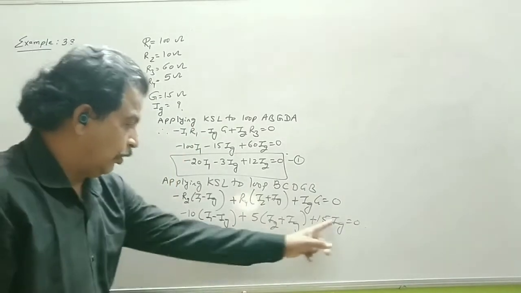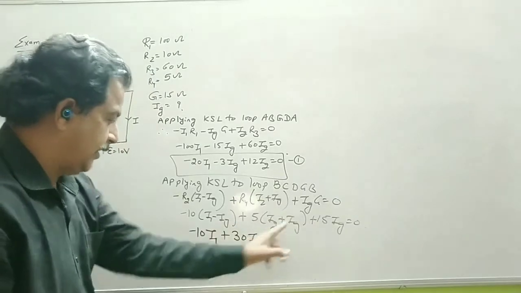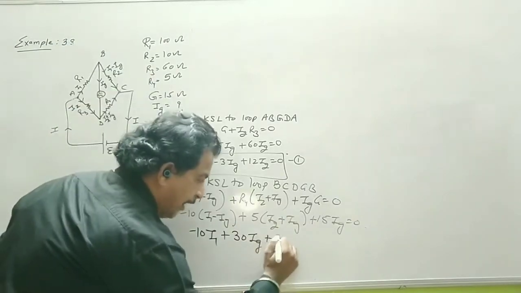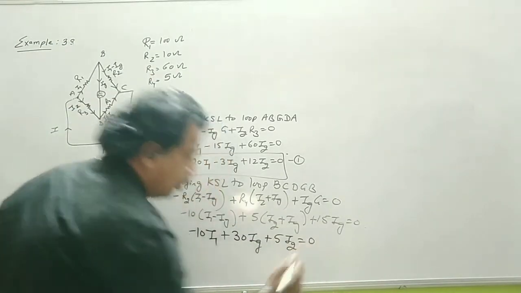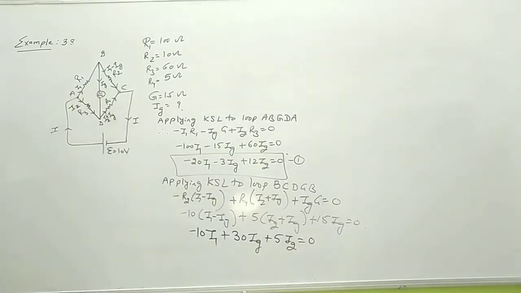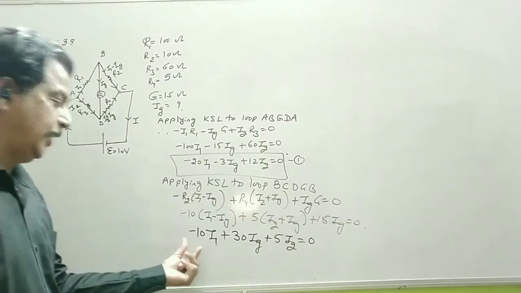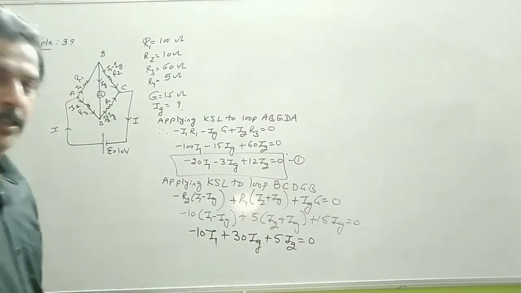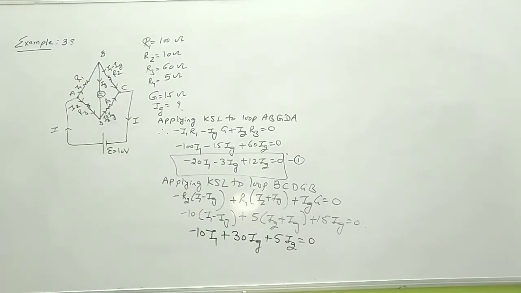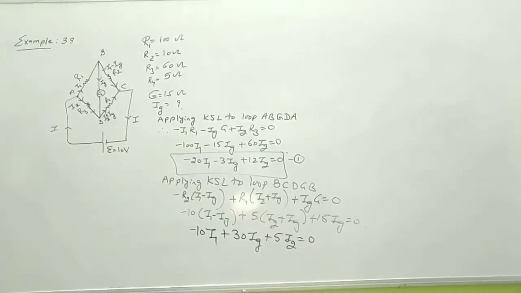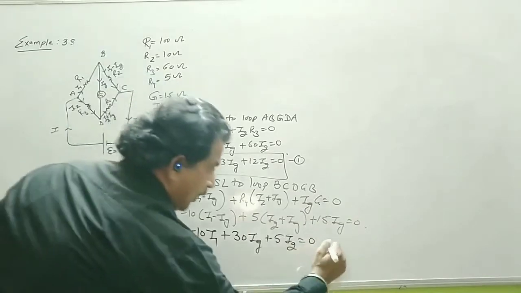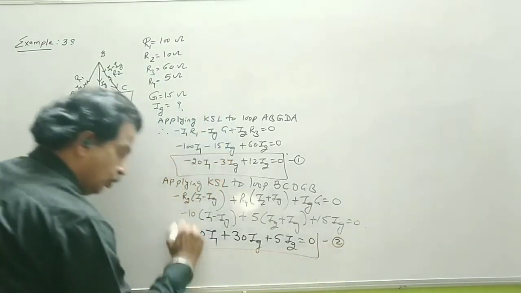Now only I2 is left, with IG added, so plus 5 I2 is equal to 0. Now if we open the brackets and check this equation, this is your equation number 2.